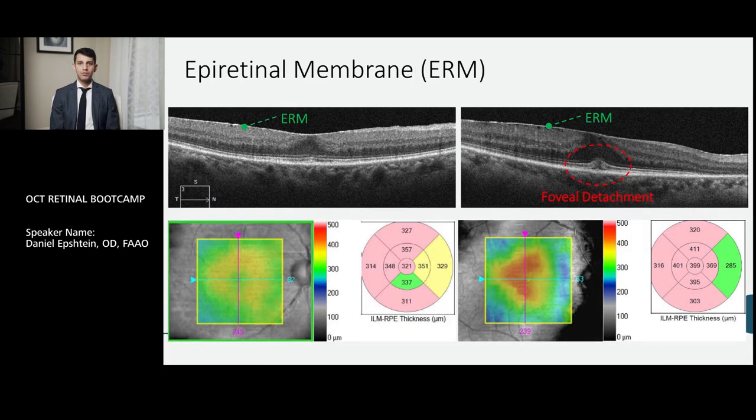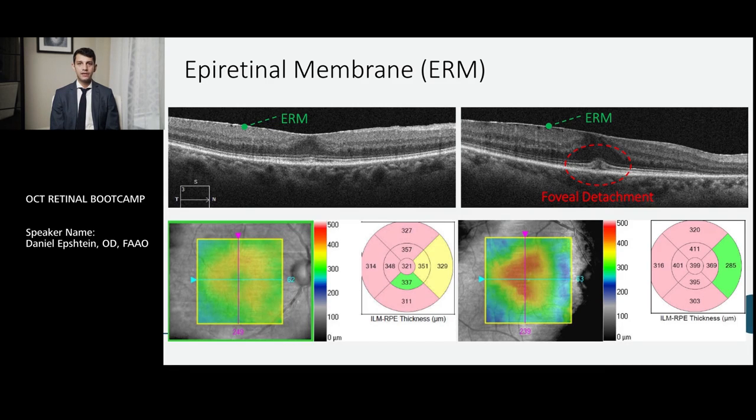Looking at epiretinal membranes, on the retina map, you usually get some thickening, and that's going to correlate with what you see in the B scan, where the retina is slightly thickened. Now, ERMs are these fibrous sheaths on the vitreomacular interface, and if there's really no traction, you don't have to worry about them too much. The VA is pretty good, and you don't need to intervene surgically.